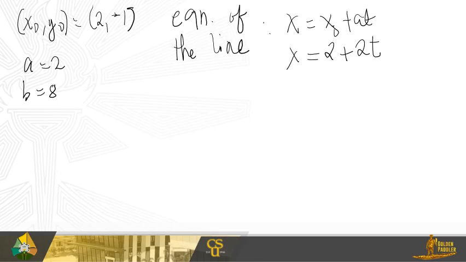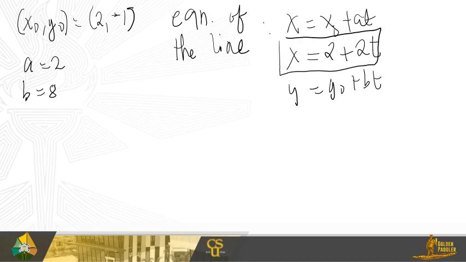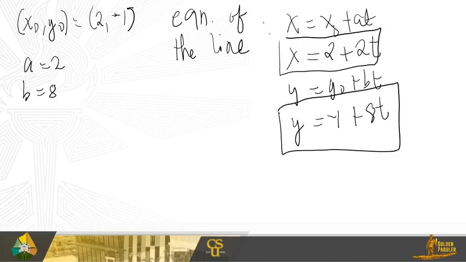Then meron din tayong y equals y sub 0 plus bt. So y sub 0 natin is -1 plus yung b is 8 times t. Okay? So ito yung equation of the line in parametric form.